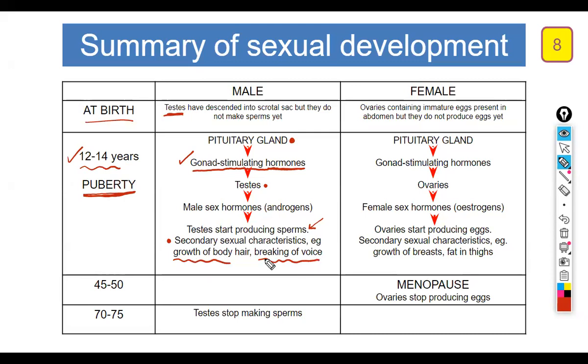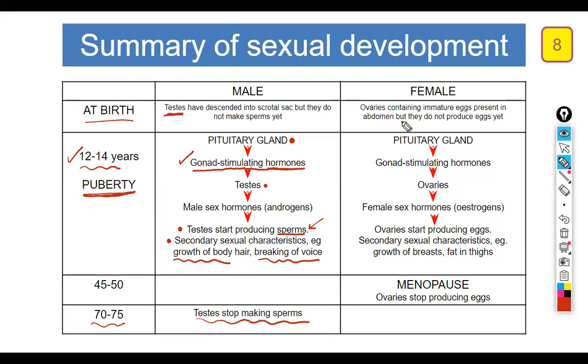These things have nothing to do with reproduction, right? The main thing here is that the testes have started producing sperm, because the sperm is the important part of reproduction. Once a person passes puberty, nothing interesting happens here. But usually around 70 or 75 years, males cannot produce sperm anymore, so the body is unable to make it after that point.